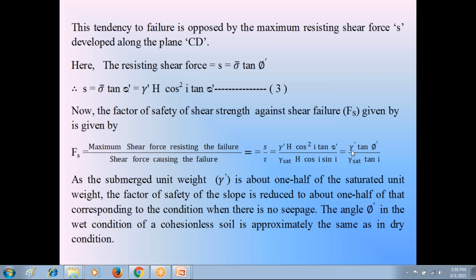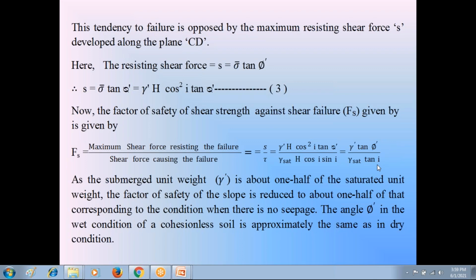If I take gamma dash as half of gamma saturation, the factor of safety in the seepage flow condition is half, that is 1 by 2 into tan phi dash by tan i. In the dry condition, it is tan phi dash by tan i. In the submerged condition, factor of safety is tan phi dash by tan i. Whereas in the steady seepage flow condition, factor of safety is half of tan phi dash by tan i.